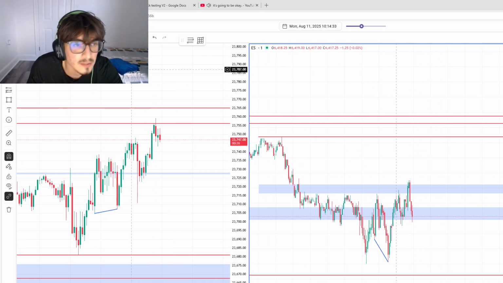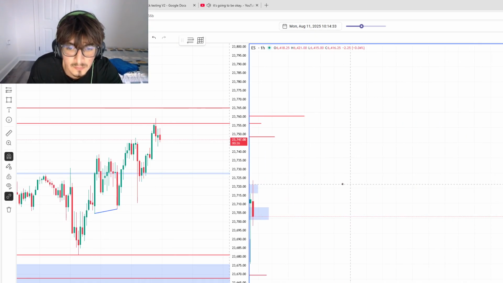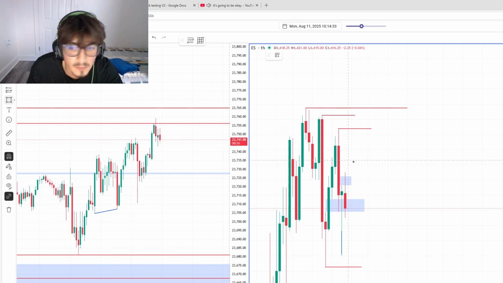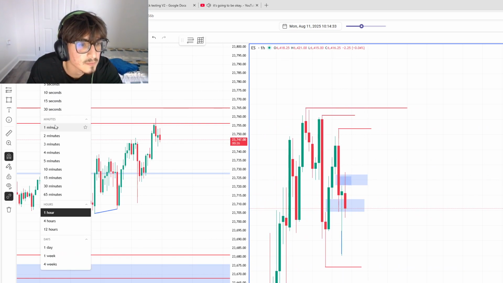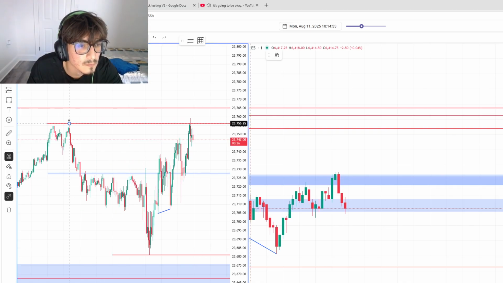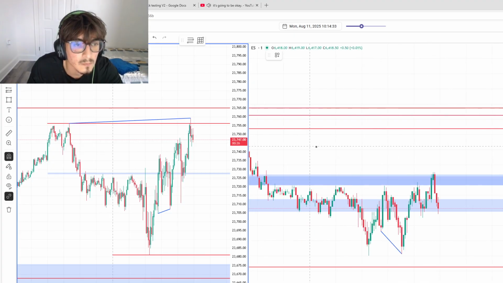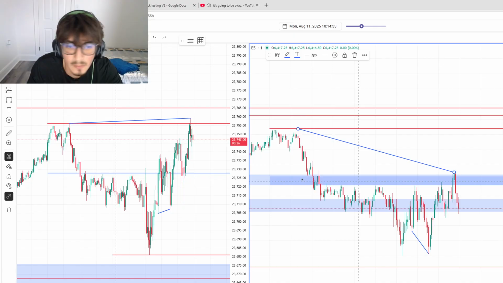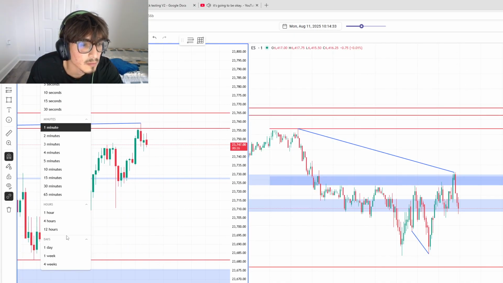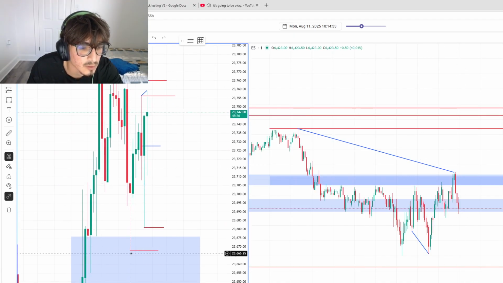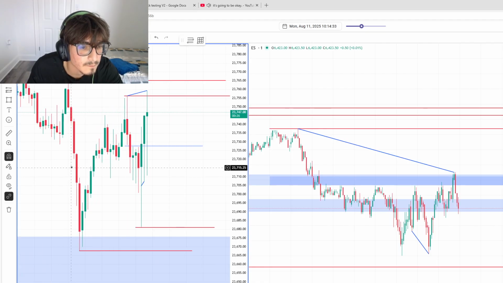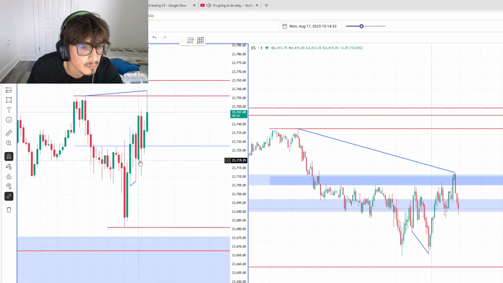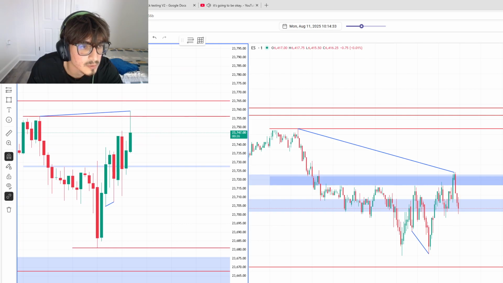Okay, on ES, we ended up taking out all these lows. We ended up opening this 1 hour gap with SMT in the highs. Right here, nice SMT. We have these draws down here. Sweep.